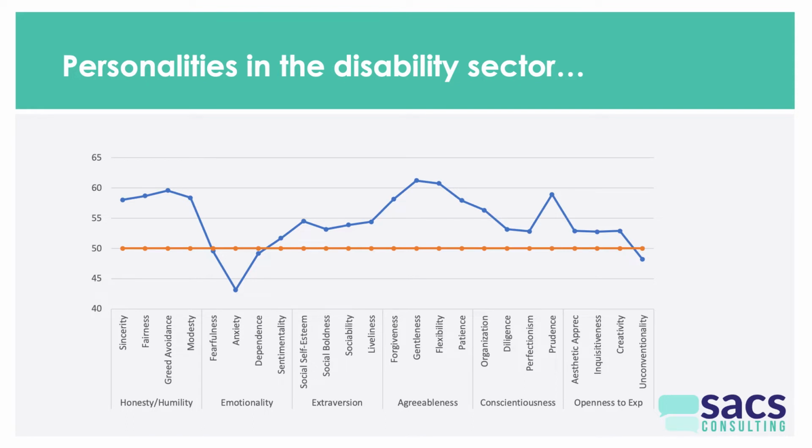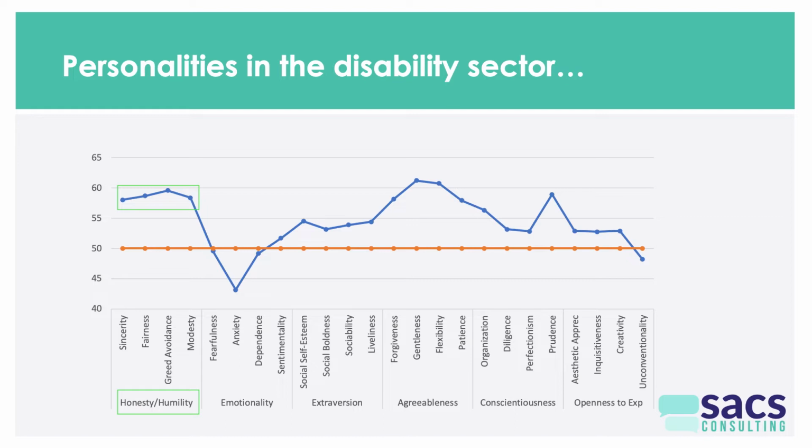The first thing I want to talk about is honesty-humility. And honesty-humility is the characteristic of being truthful and not arrogant. And look at the scores here. So these scores, just to explain them, 50 is population average, but this is a type of standard score called a T-score, so 10 is a standard deviation. So these scores that are approaching a standard deviation away from population average, that's a long way from population average.